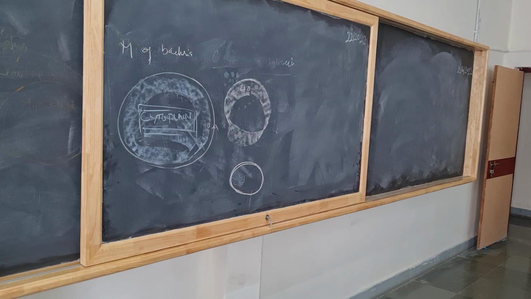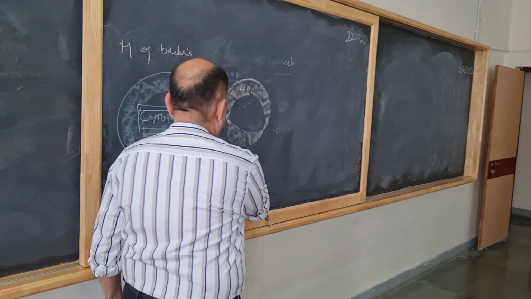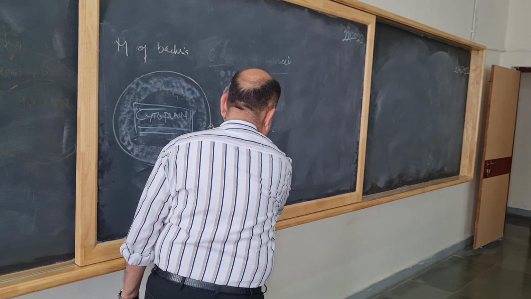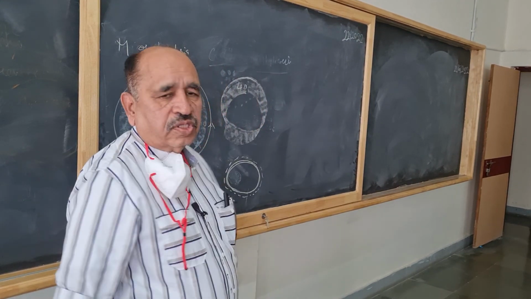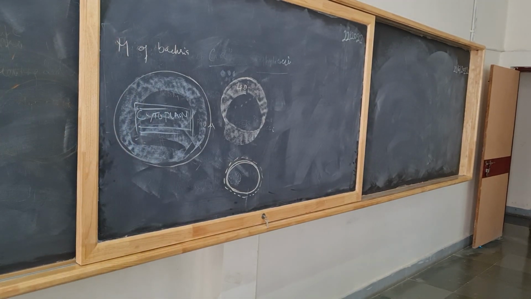But the gram negative cell wall is more complex. It has one more lipoidal layer outside the cell wall.